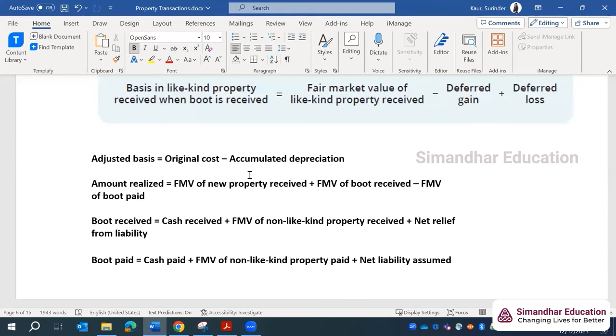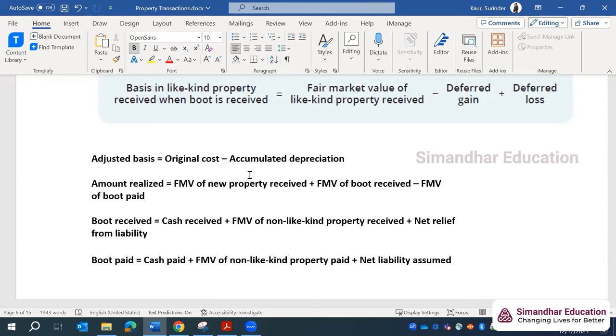Okay. Now let's say you have a debt and the other party also has a debt. Now you are assuming one debt and you are giving off your debt. In that case, the net liability that is being assumed by the partner, the person who is exchanging, will be your boot.